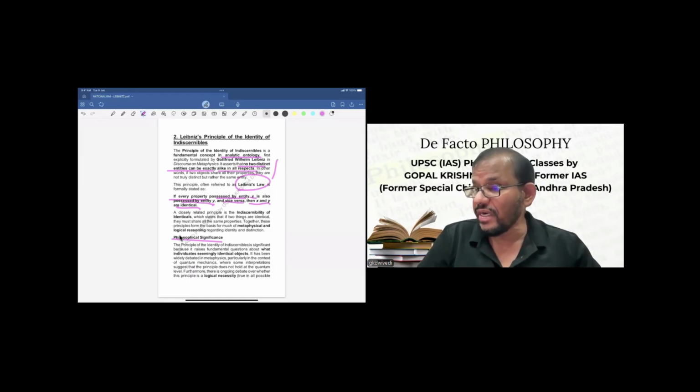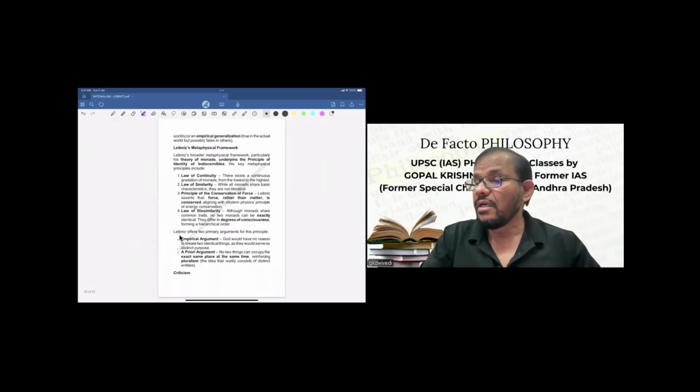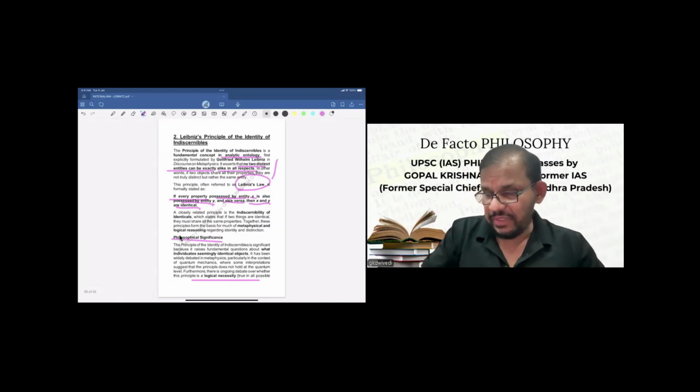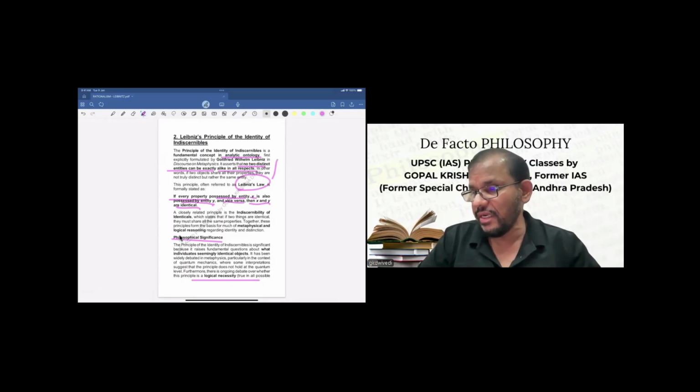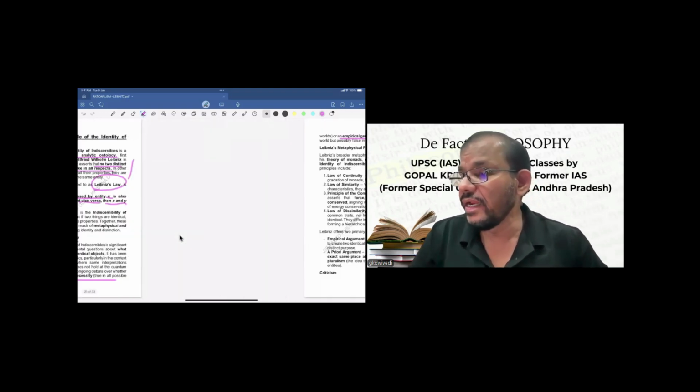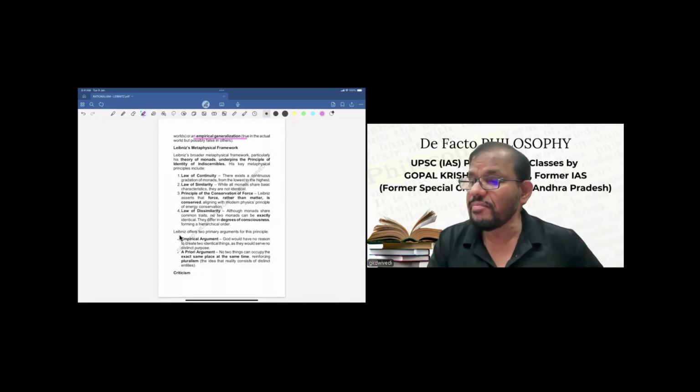Further, there is ongoing debate over whether the principle is a logical necessity or an empirical generalization. So there is a utility of this principle in quantum mechanics or logic also, but then again, it belongs to Leibniz's metaphysical framework.